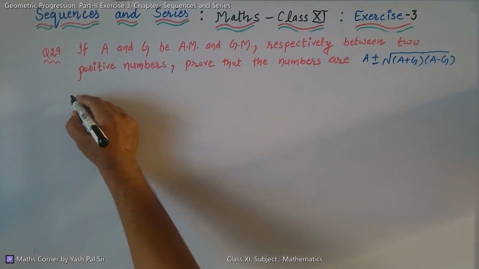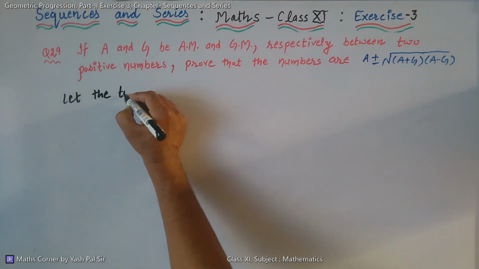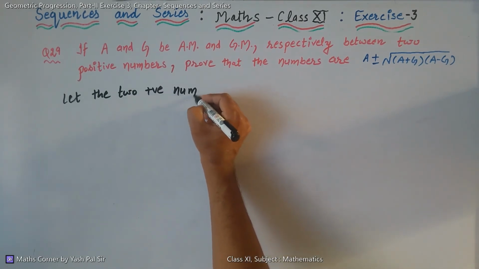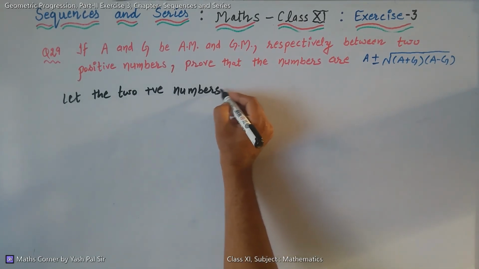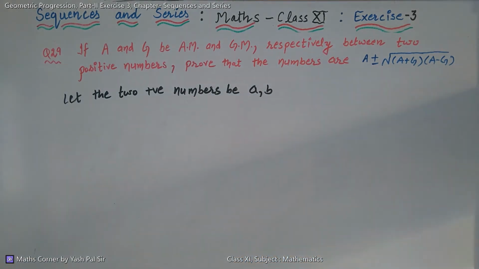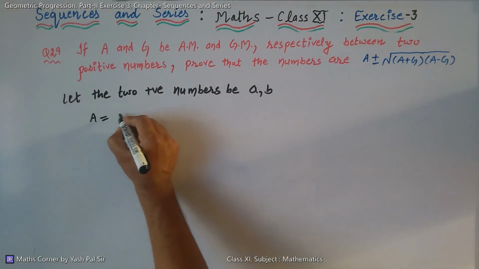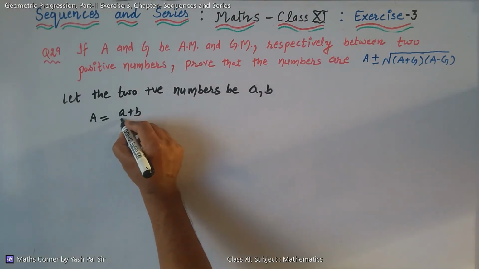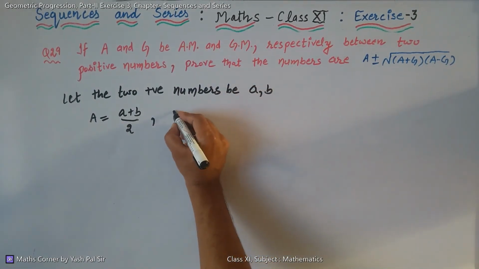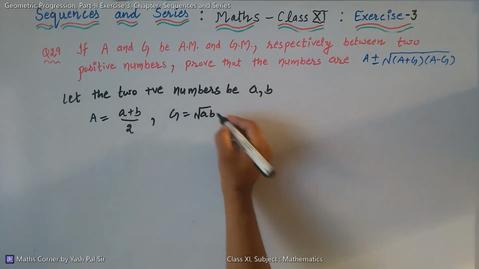So again we suppose here, let the two positive numbers be a, b. Therefore A is the arithmetic mean, that is A equal to (a plus b) divided by 2, and G is the geometric mean, that is G is equal to square root of ab.